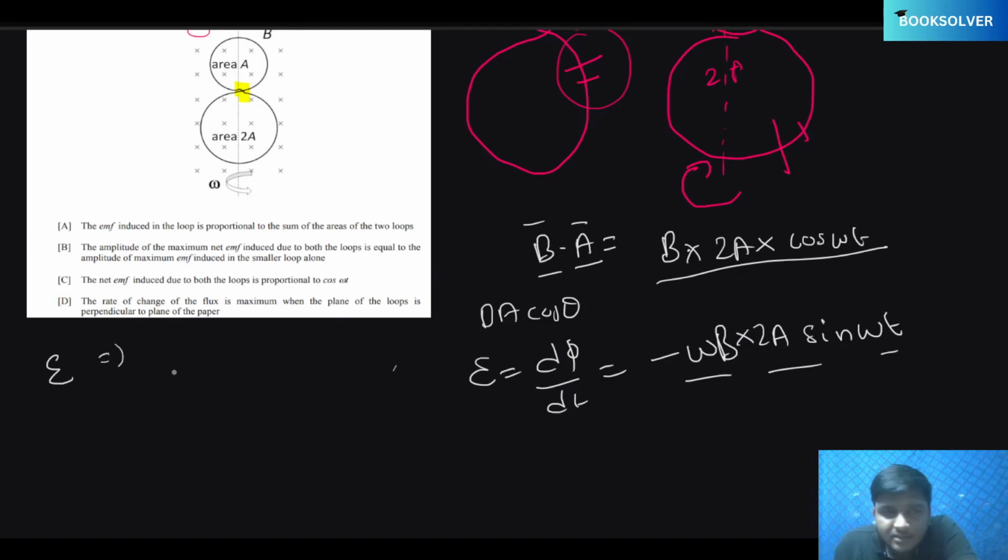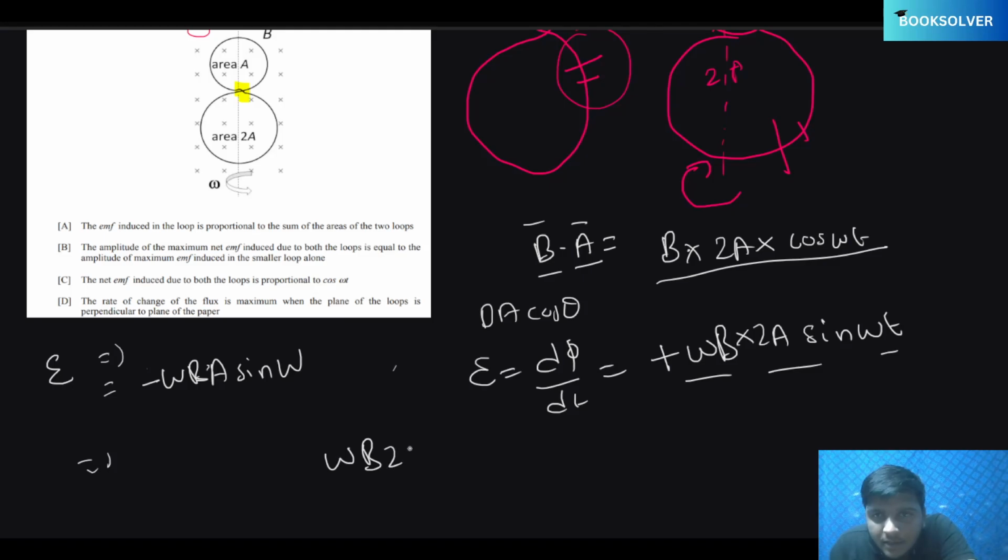Everything is the same, just 2A is changed to A, so it equals minus omega BA sine omega t. As I told you, these are in opposite directions, so we can denote one as plus and the other as minus. What will be the net sum? The net EMF will be equal to omega B A sine omega t.